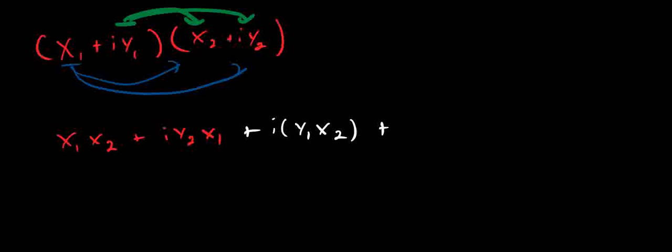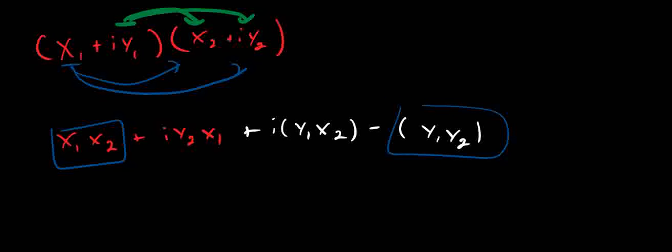Plus, now I'm going to multiply the two i's. Remember, i squared is -1, so instead of a plus, this is a minus. And then the i will go away at that point because it just becomes -1, and I'll be left with y1 y2. So let's group all of our real terms together. My real stuff is x1 x2 and the minus, let me include that minus, the minus y1 times y2.